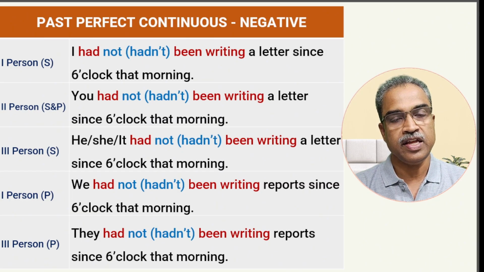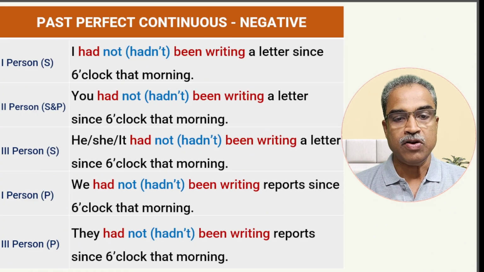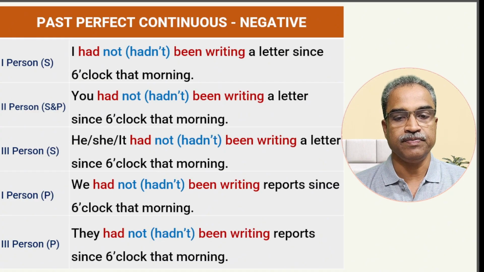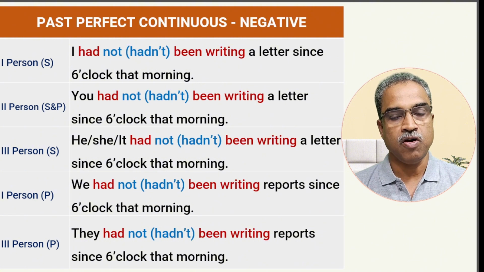There is a tendency among learners to place the not after been. No, that is wrong. That is the one area that you need to be careful. We have to use it immediately after had here. So, I had not been writing a letter, or else had plus not, hadn't. I hadn't been writing a letter since 6 o'clock that morning.